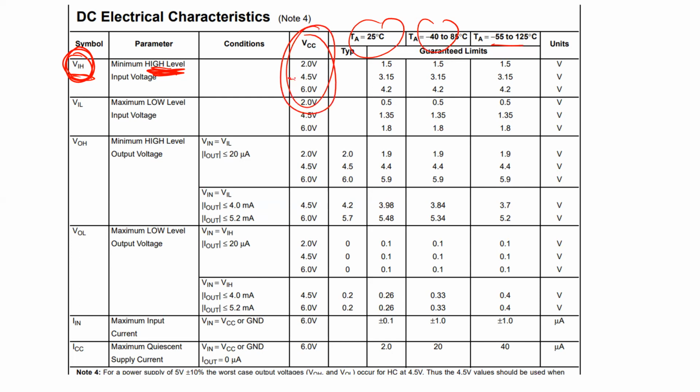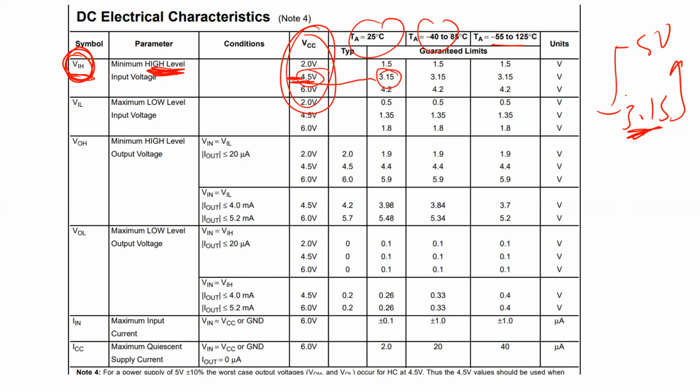Usually we are going to use 5 volt VCC, so we're going to take 4.5, for example. Here is the minimum value for high, something like 3.15. So from 3.15 until 5 volt, any voltage in this range is going to be counted as logic 1, high.